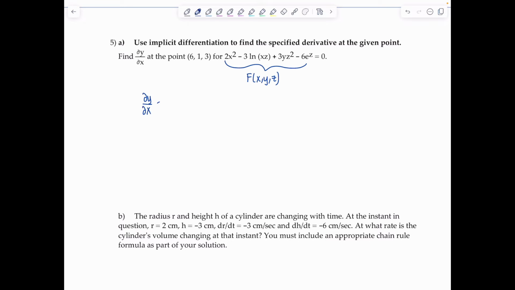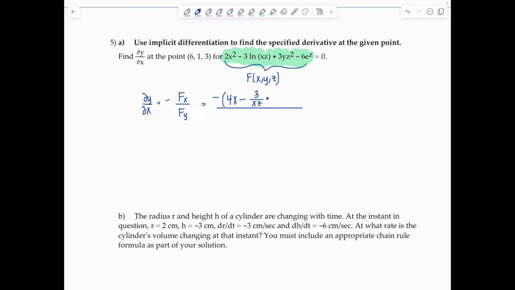Del y del x is negative partial with respect to x over partial with respect to y. And I think everybody did it this way. So here we go. Negative partial with respect to x, let me highlight it. So derivative of 2x squared would be 4x minus derivative of 3 ln xz would be 3 over xz.